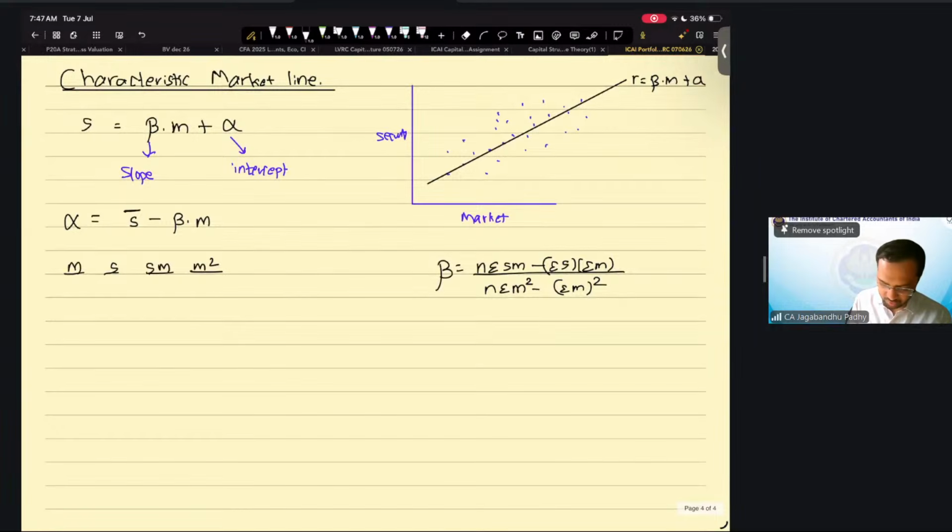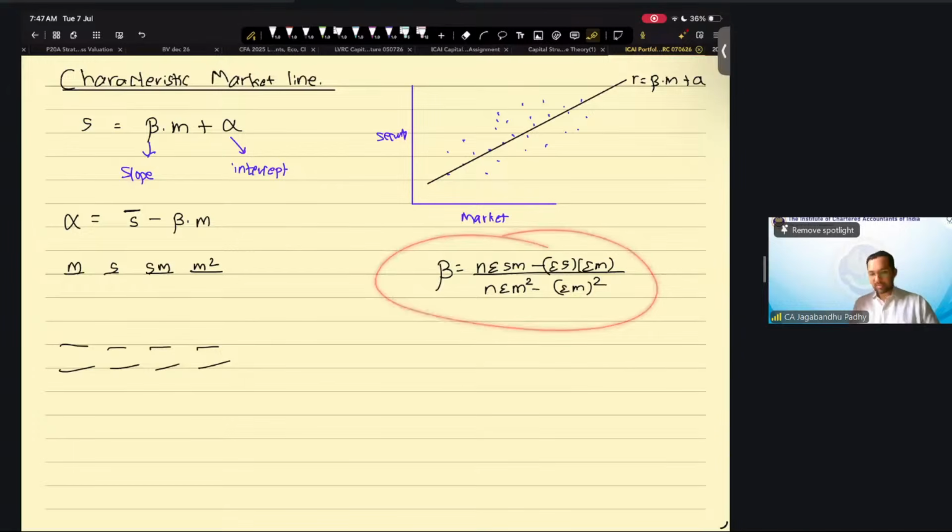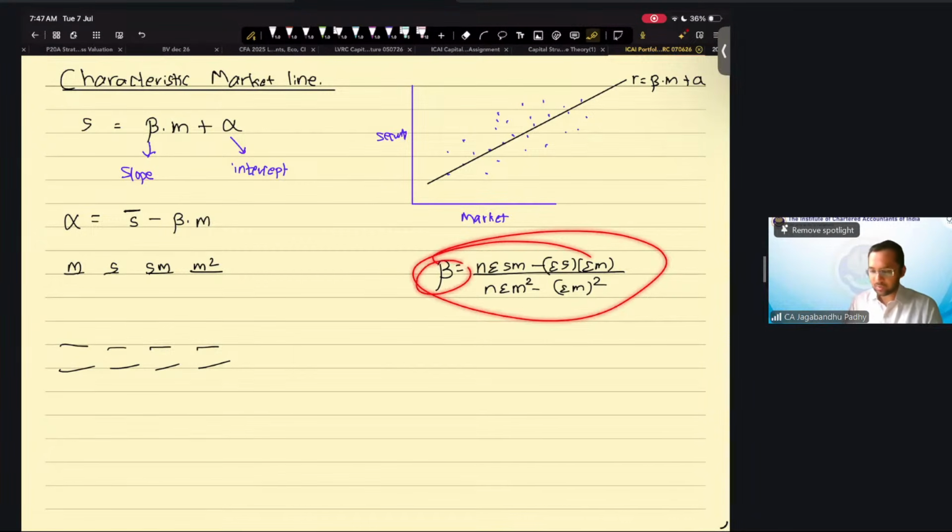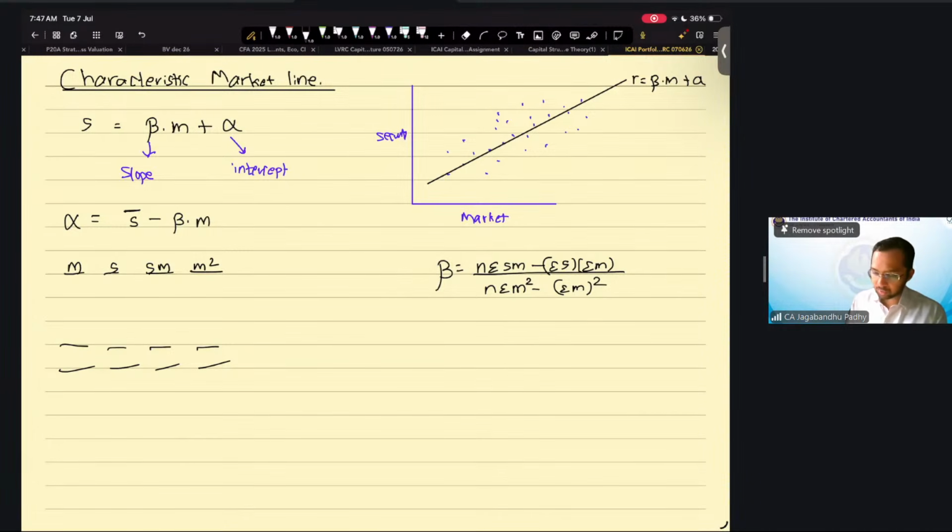You just need to take the total values, substitute them in this, and get beta. And then of course you calculate the alpha value by simply taking S bar minus beta into M bar. So that gives you the value of beta and alpha and your equation is ready.